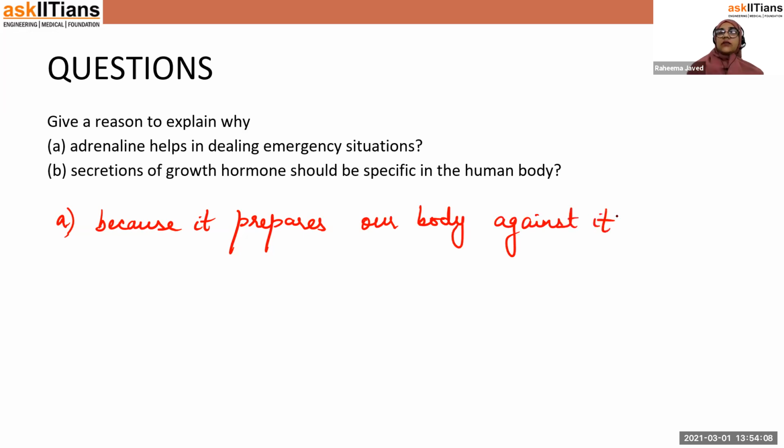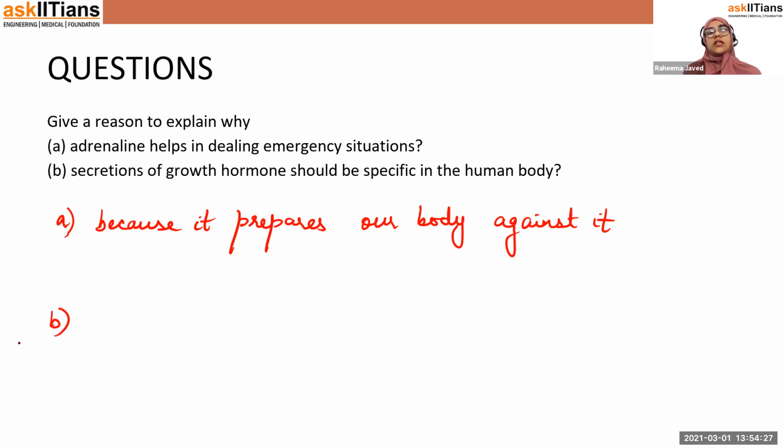It will increase the heartbeat, the blood pressure, the breathing rate, and the conversion of glycogen into glucose by the liver, so that we have more and more energy, and we can decide what we want to do: either fly away or fight the situation.